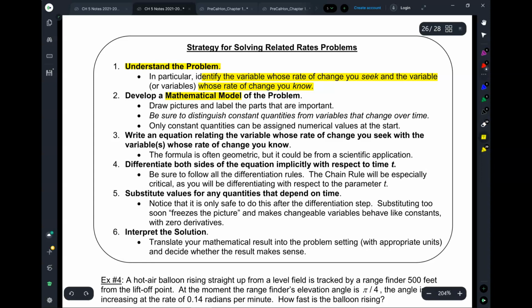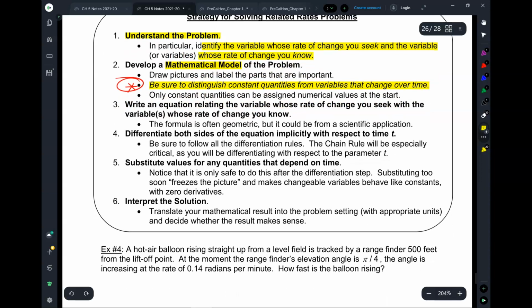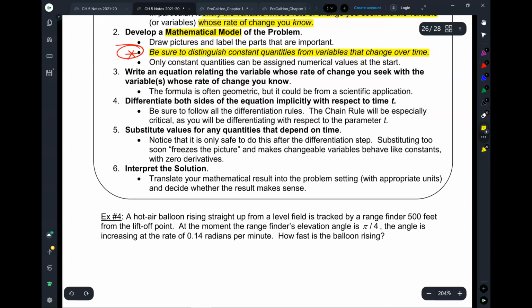Now, this one is important. Be sure to distinguish constant quantities from variables that change over time. Okay? Next, write an equation. And then we differentiate both sides implicitly.